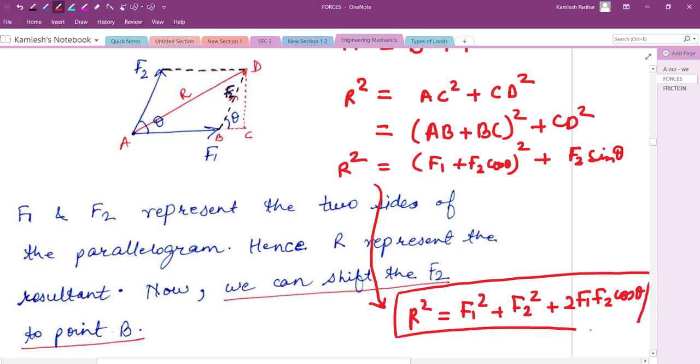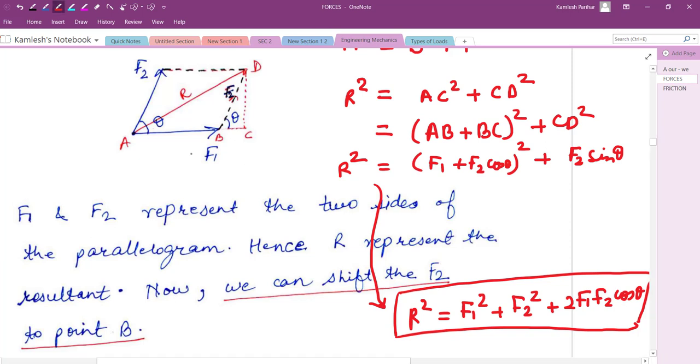To find R we can take the square root on both sides. So we have learned how to find the resultant of two forces. The magnitude of the resultant of two forces is given by R equal to under root of F1 square plus F2 square plus 2 F1 F2 cos theta.